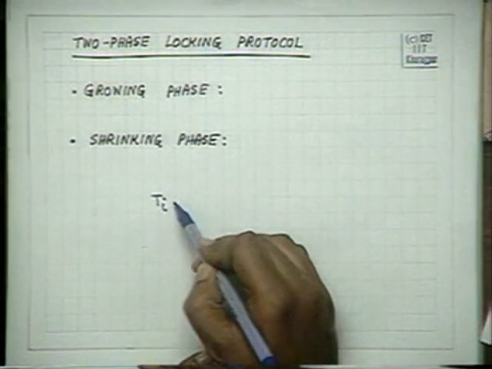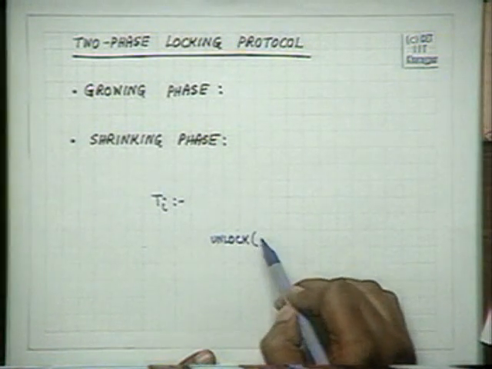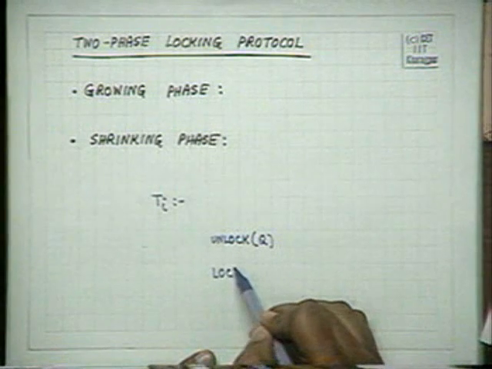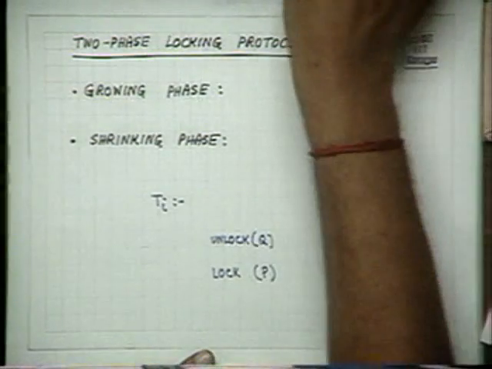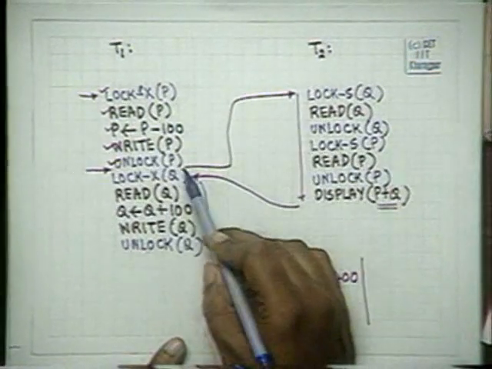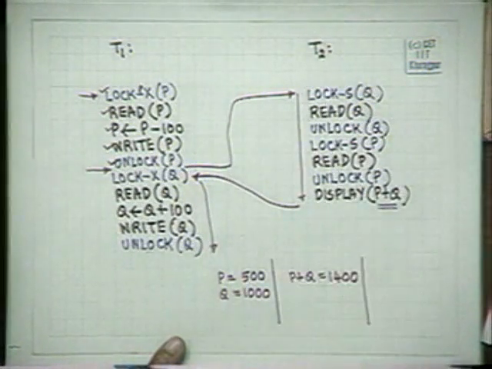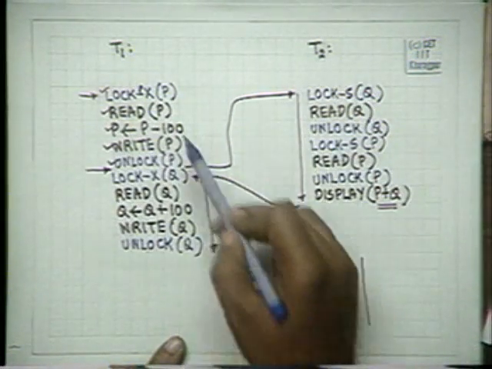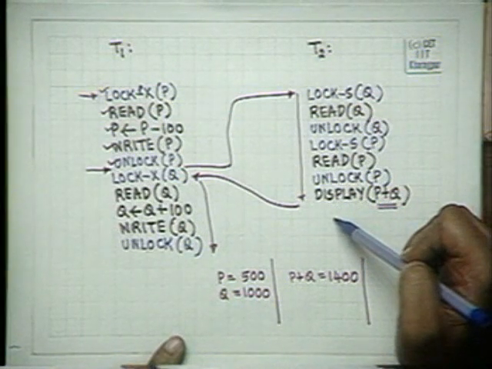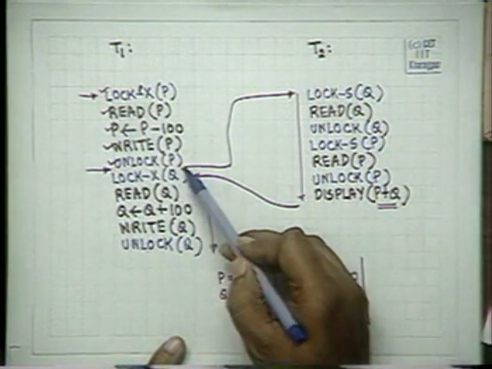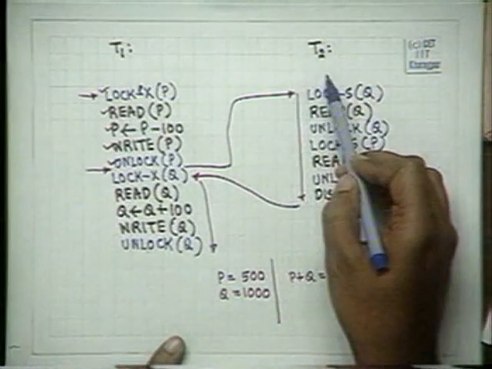That is, no transaction must have unlock Q and after that lock P. That was the problem here. Since you unlocked this, somebody else quickly entered, and this whole transaction runs in the middle, before this one runs completely.